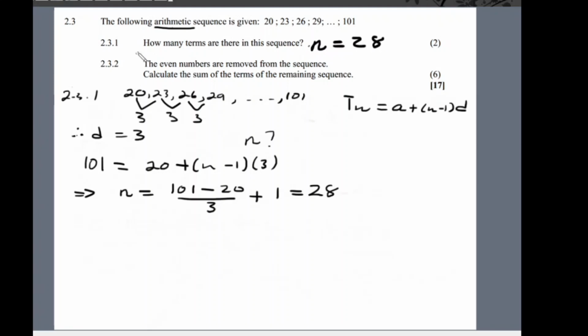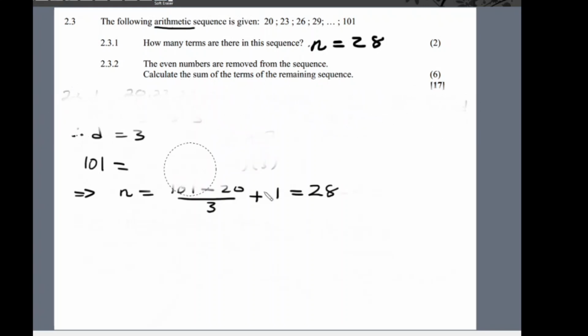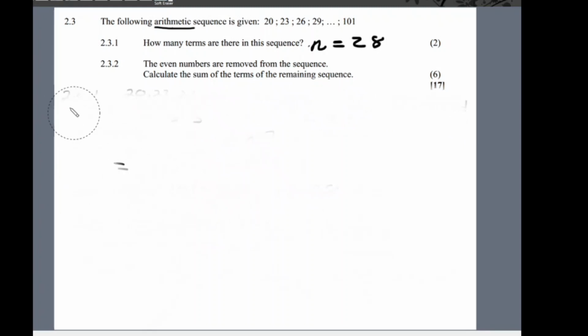And then see our question 2.3.2: the even numbers are removed from the sequence. Calculate the sum of the terms of the remaining sequence.